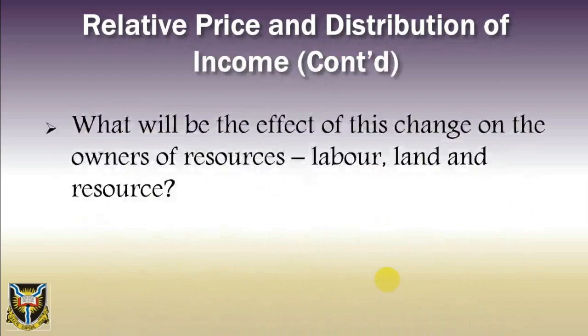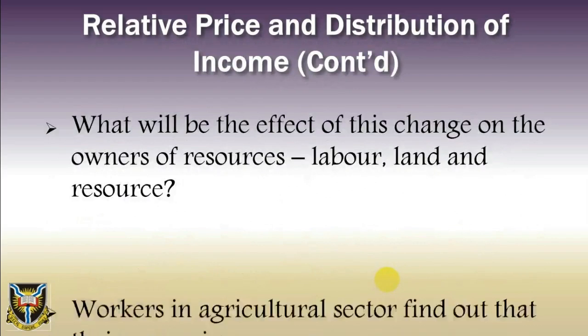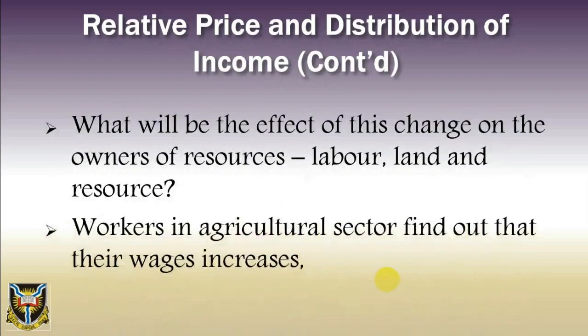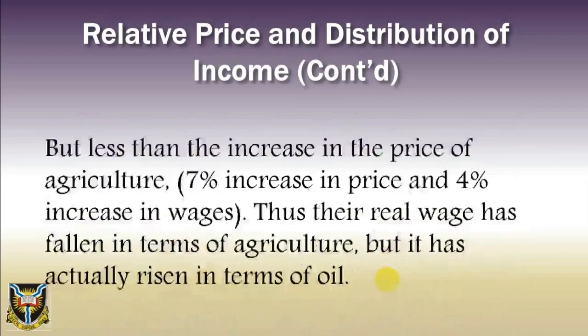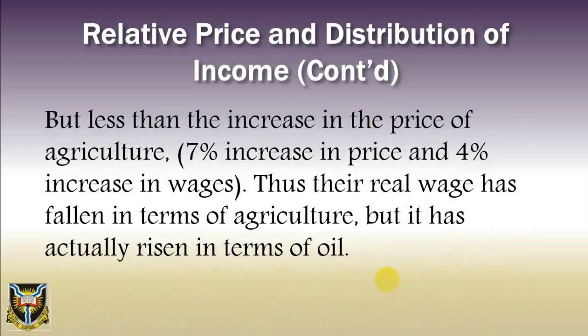What will be the effect of this change on owners of resources, that is land, labor, and capital? Workers in the agricultural sector find out that their wages increase, but less than the increase in the price of agriculture: a 7% increase in price and a 4% increase in wages.